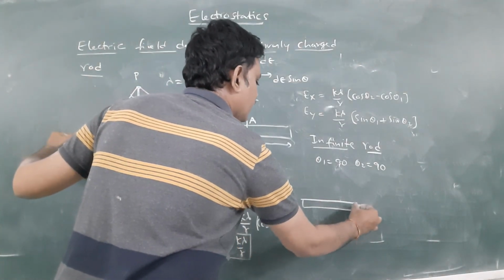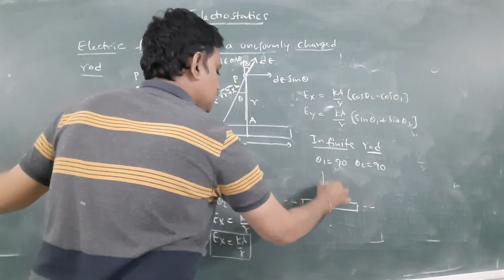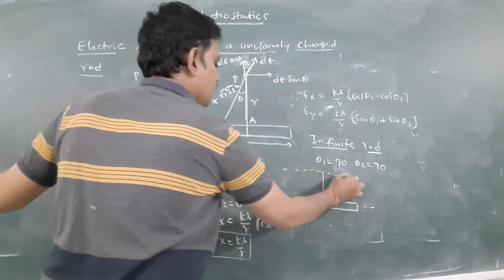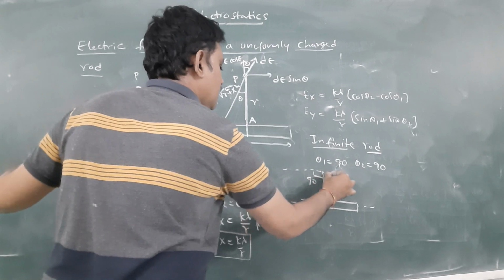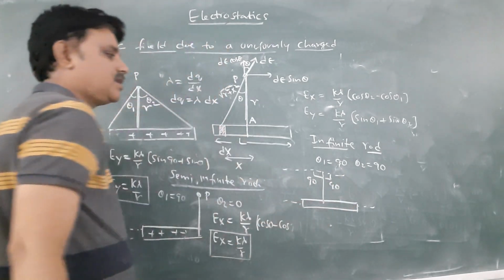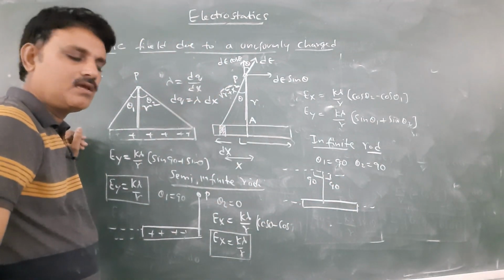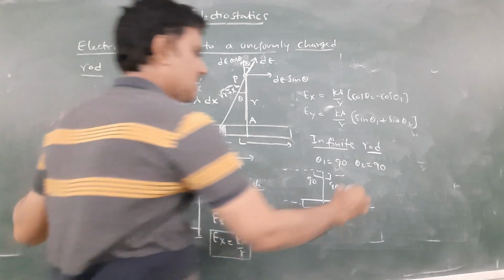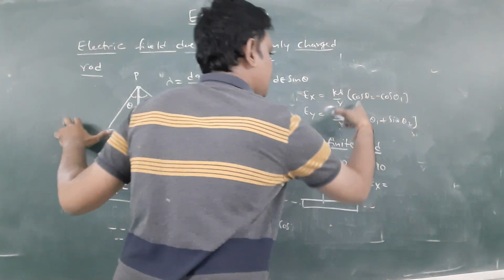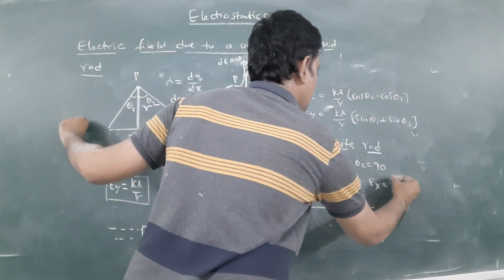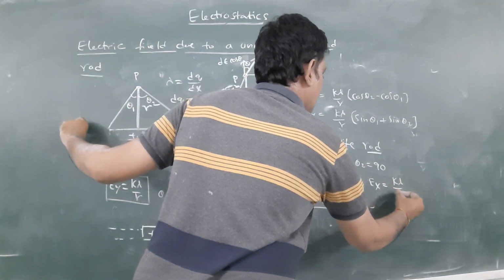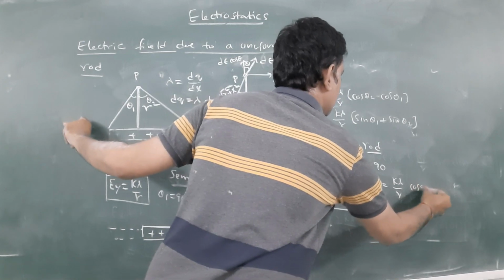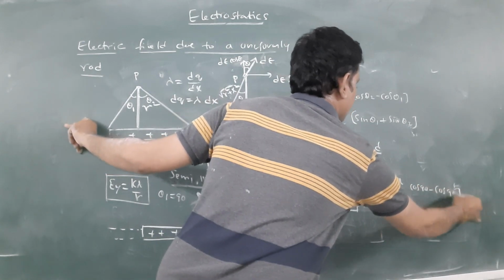So theta 1 and theta 2 both are 90. Then Ex is equal to k lambda by r into cos 90 minus cos 90.